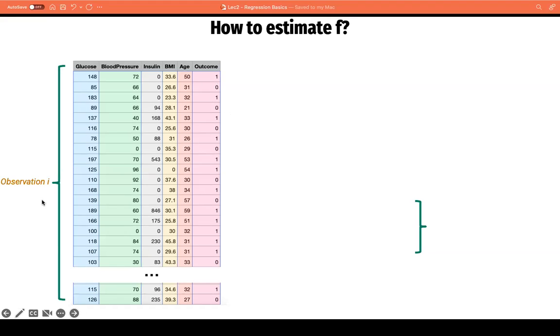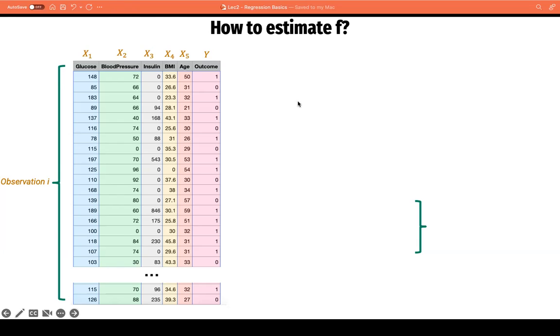We have a set of observations wherein each row can be considered as one observation, denoted by i. Each observation i has associated features like glucose, blood pressure, insulin, BMI, and age. Each of these features may be represented using the notations x sub 1, x sub 2, x sub 3, x sub 4, and x sub 5, while the outcome or the label is represented by y.